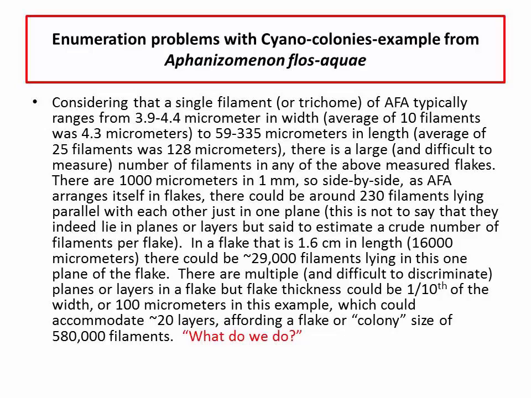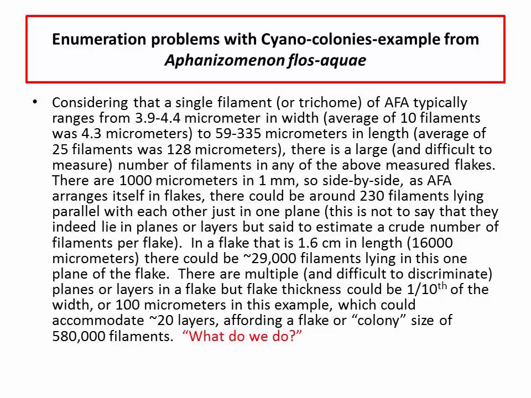Now we have to go a little bit lower and say 1,000 micrometers in a millimeter. Side by side, there would be about 230 filaments lying parallel with each other in one plane. But this is a three-dimensional colony. So now we have to say that in a flake that is 1.6 centimeters in length, which is 16,000 micrometers, there could be about 29,000 filaments lying in the one plane, single plane.